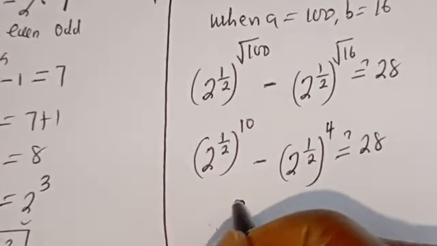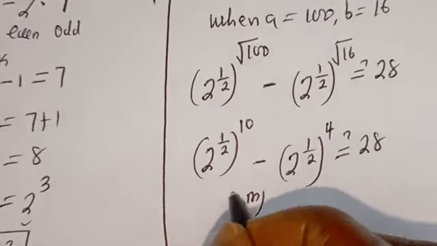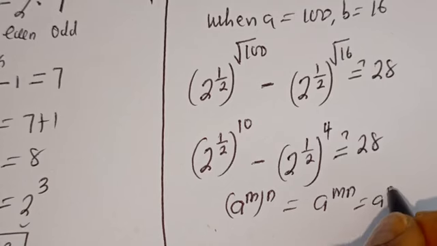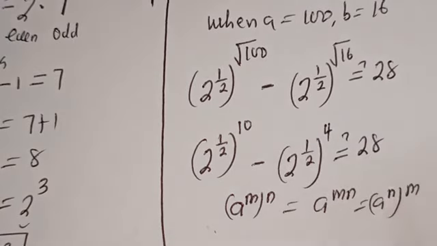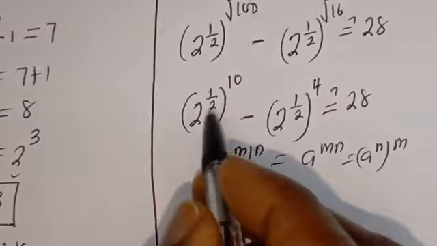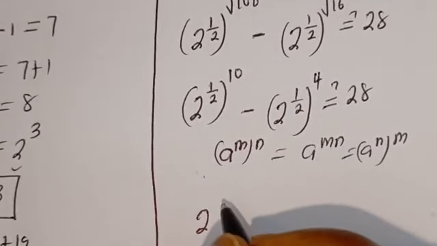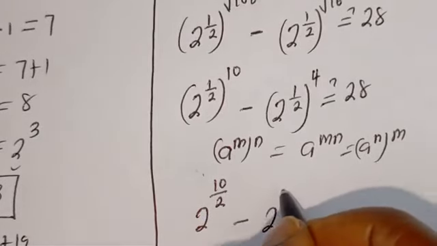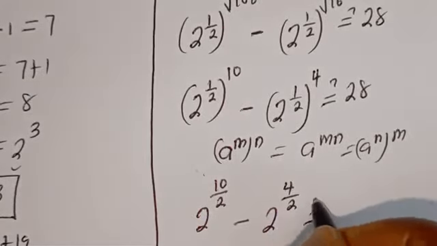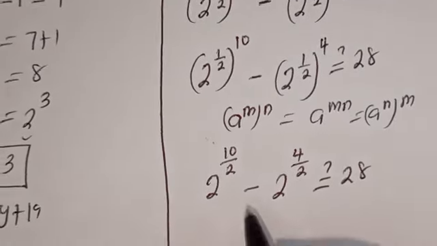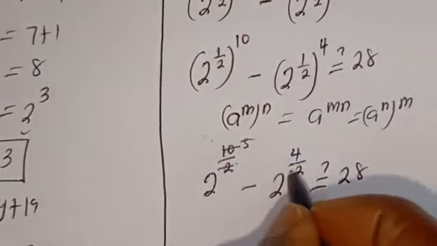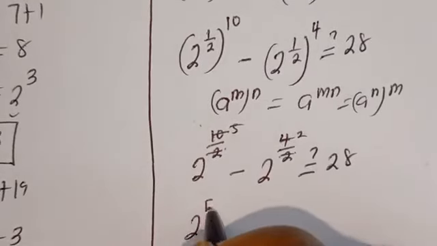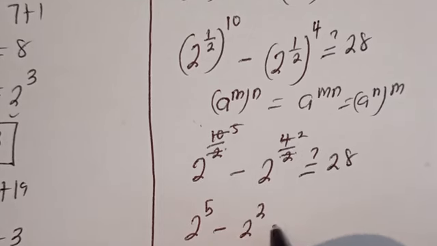Then remember that if you have a to the power of m to the power of n is equal to a to the power of mn is equal to a to the power of n to the power of m, then this can be written as 2 to the power of 10 divided by 2 minus 2 to the power of 4 divided by 2 must be equal to 28. 2 here 1, 2 here 5, 2 here 1, 2 here 2. You have 2 to the power of 5 minus 2 to the power of 2 must be equal to 28.